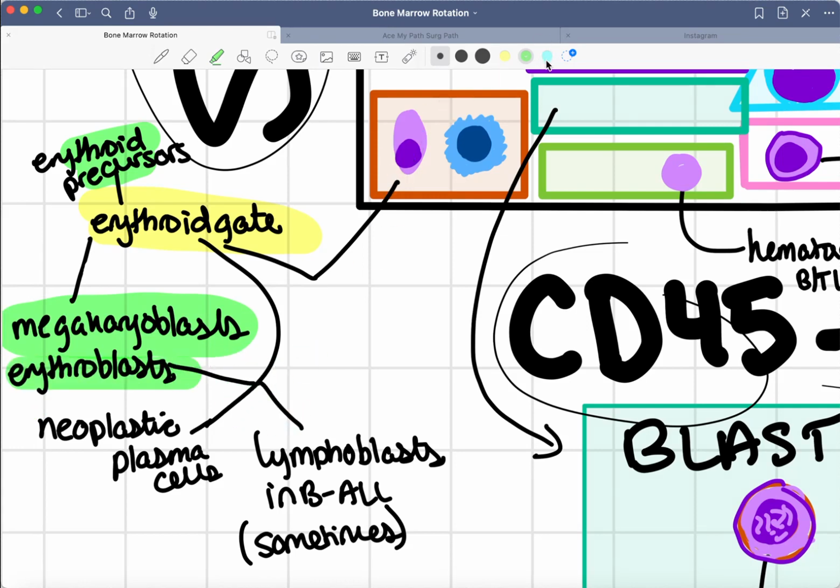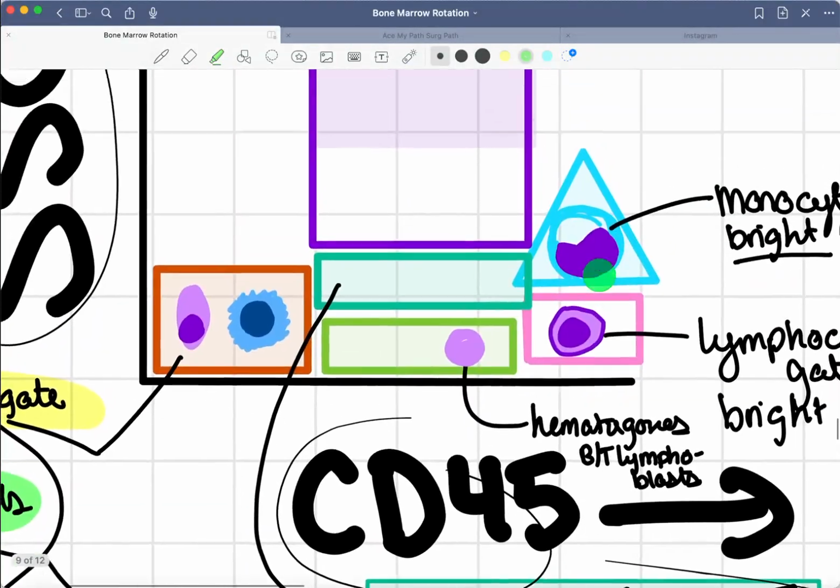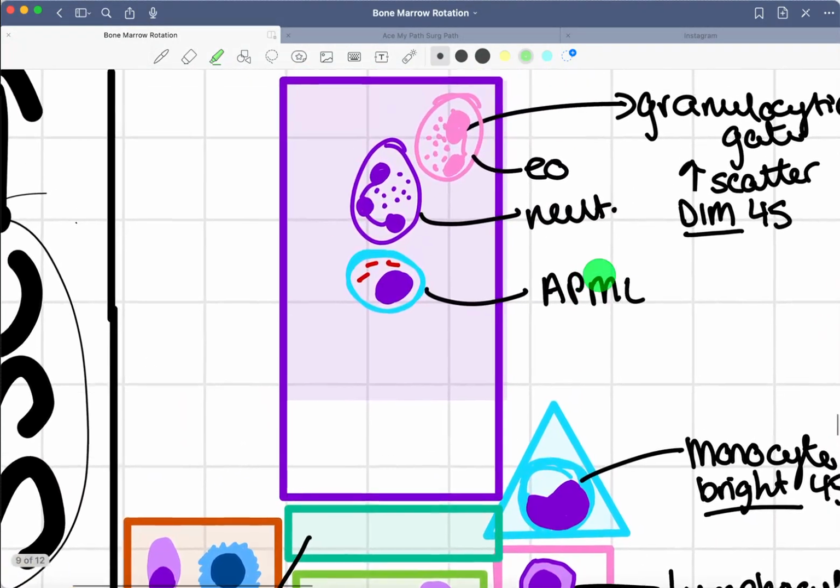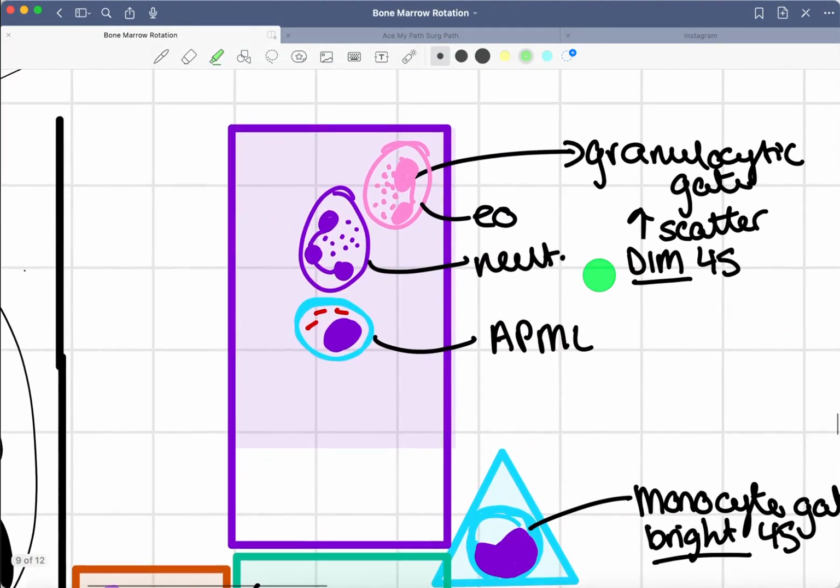And as well of importance clinically, we're going to see our lymphoblast, which we'll sometimes see in acute lymphoblastic leukemias. And then, of course, we're going to see our neoplastic plasma cells. So that's probably the most relevant one that you're going to have to be aware of on your rotations, the presence of the neoplastic plasma cells.